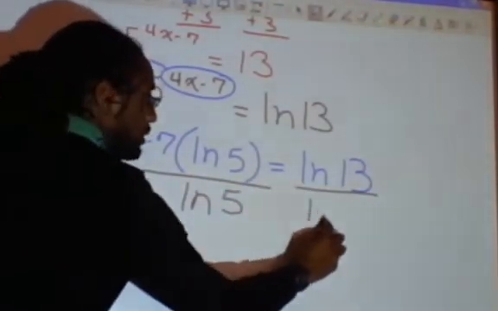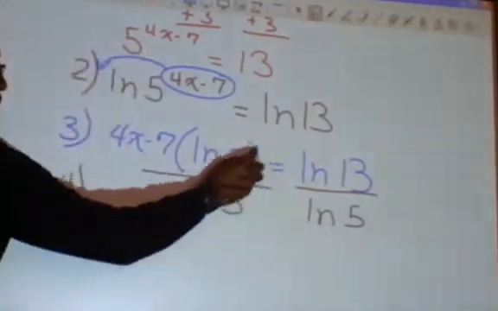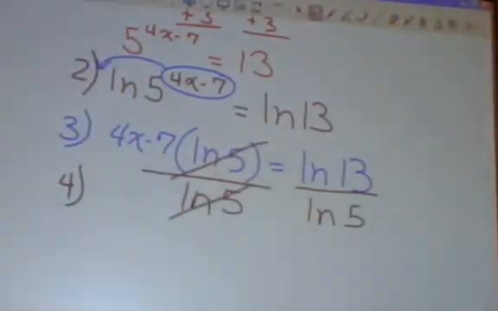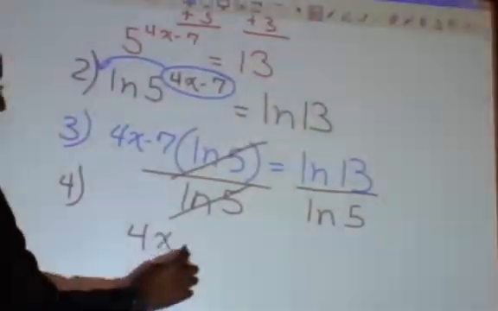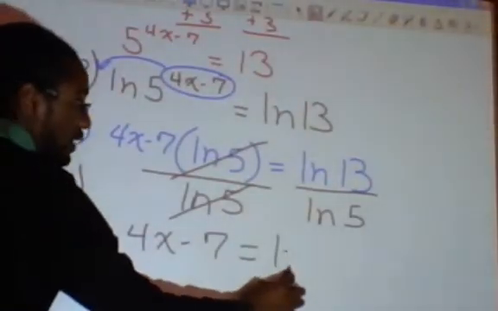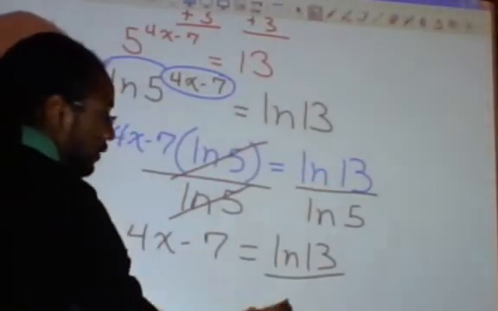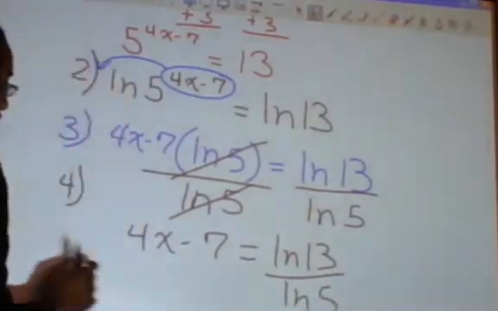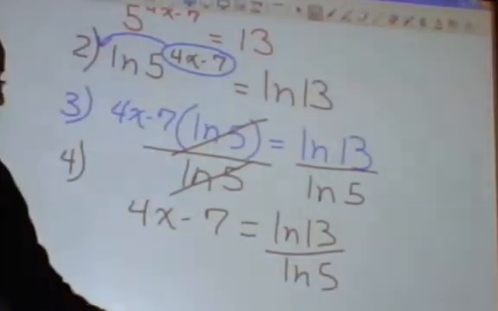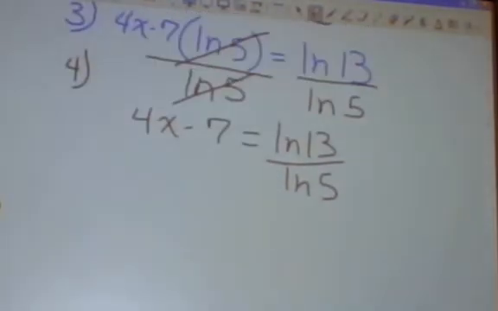That'll be the first thing. That cancels out, so we're left with just 4x minus 7 equals natural log 13 over natural log 5. And then we just solve for x.